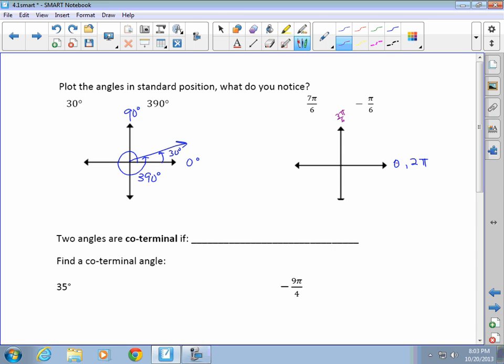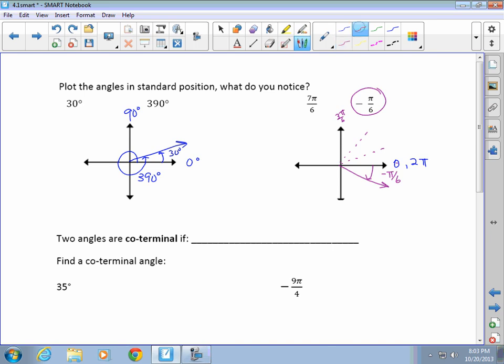It would be 1 pi over 6, 2 pi over 6, and 3 pi over 6. But I need to do this in the negative. Well, I started with the negative first, sorry. Doesn't matter. Still get you the same. Negative pi over 6 means that I have to go, whoops, that's closer to a half than a third. But I'm going 1/3 of the way clockwise. So this is negative pi over 6.